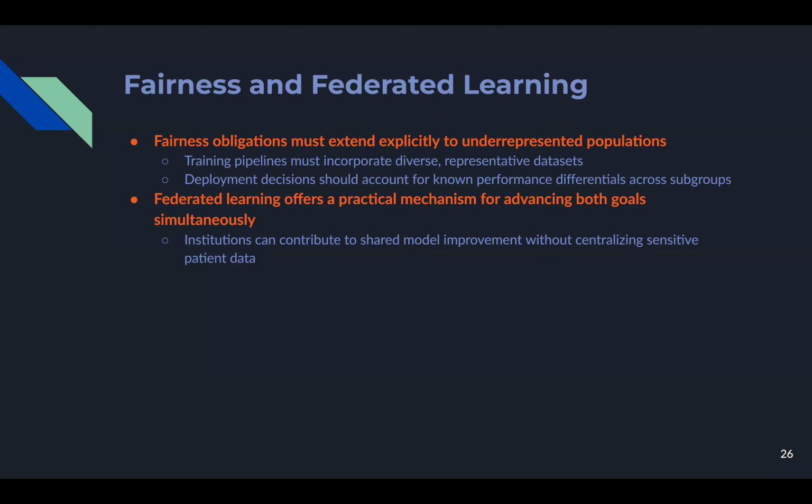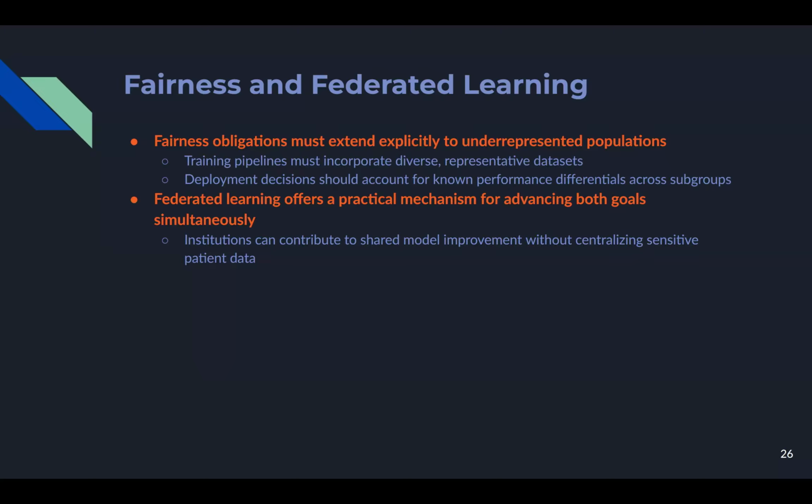Another main ethical consideration is fairness and equity in AI systems. These systems must perform reliably across all patient groups, including the underrepresented populations. If training data is not diverse, the model may perform poorly for certain demographics, leading to unequal outcomes.